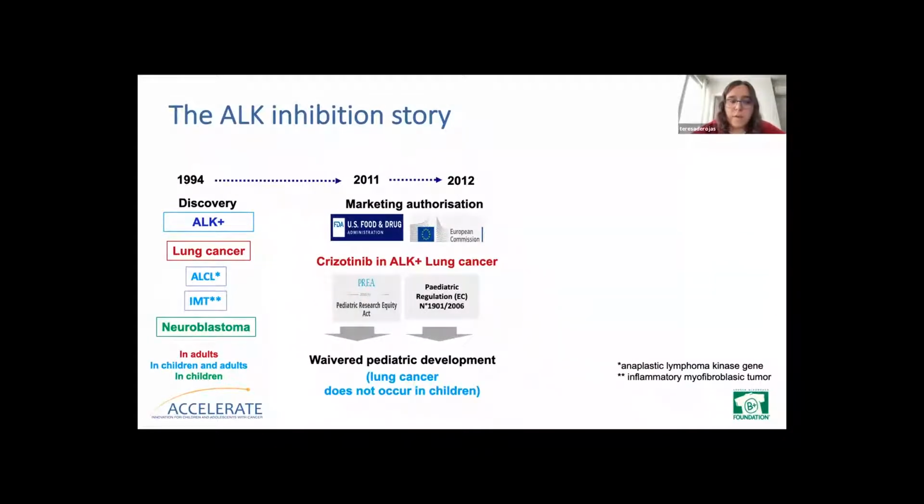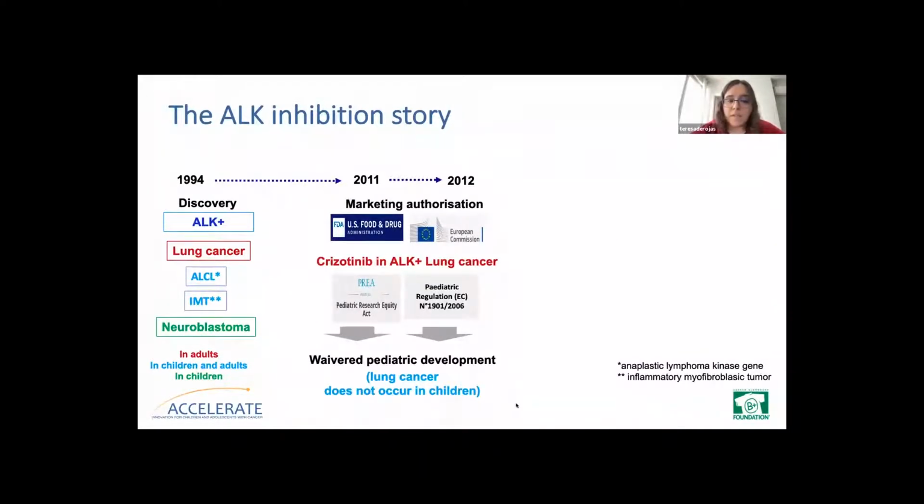Unfortunately, even though it was already clear that this target could be of interest for children and adolescents, this drug received a waivered pediatric development with the argument that lung cancer does not occur in children. And this is one of the reasons under the PREA regulation in the US and the still current European regulation to get a waiver for a compound.